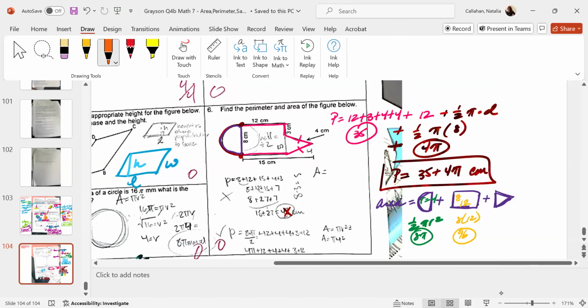Yes. It's pi r squared, correct? Yes. But it's 1/2 pi r squared, right? Your radius is 4. So when you put 4 right here, 4 times 4 is 16, right? What's half of 16? 8 pi. Let me know when you're ready to move on, okay? I'll pause it.